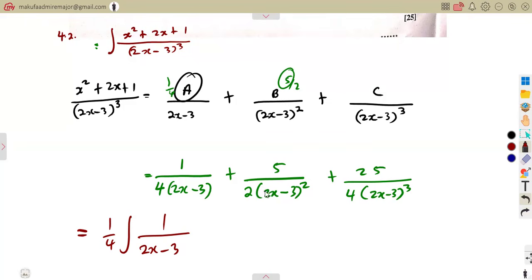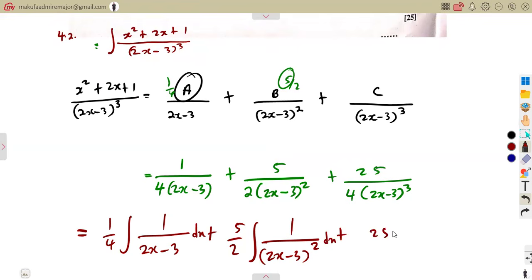You do the same thing on this part, 5/2, you take it outside. So that's 5/2 times the integral of 1/(2x minus 3) squared with respect to x. Plus 25/4, again take it outside. You remain with 1/(2x minus 3) to the exponent of 3 with respect to x.